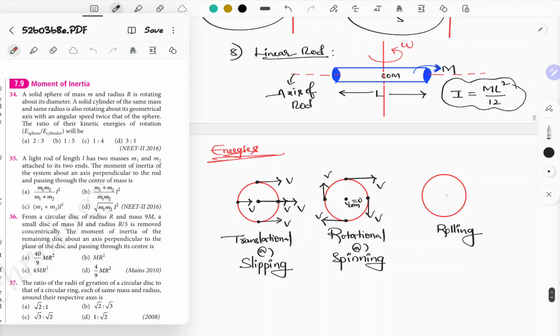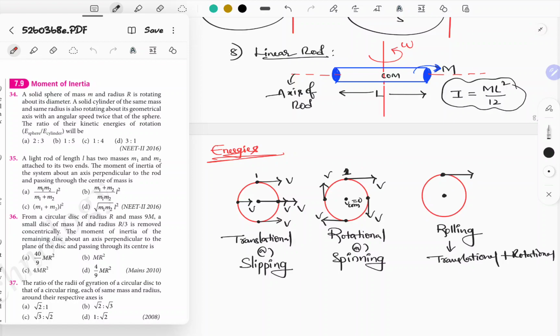When it comes to rolling motion, it's a combination of translational plus rotational. That means for objects at the top, you just add the velocities. So at position 1, if you observe, in both the cases the object is moving in the same direction.